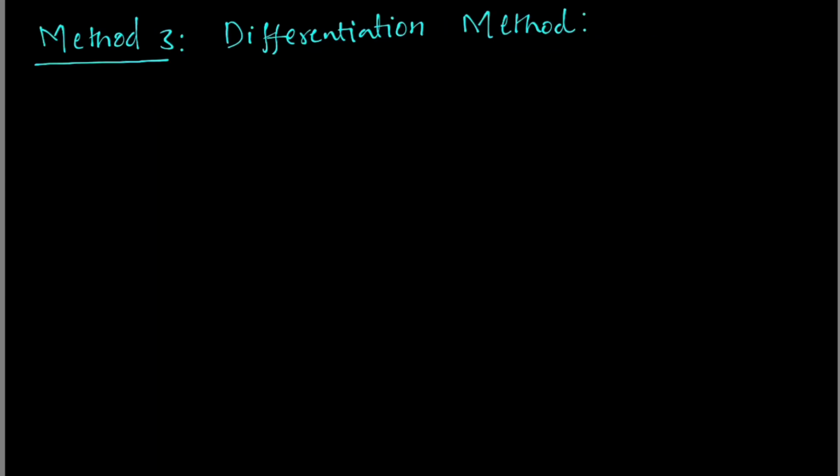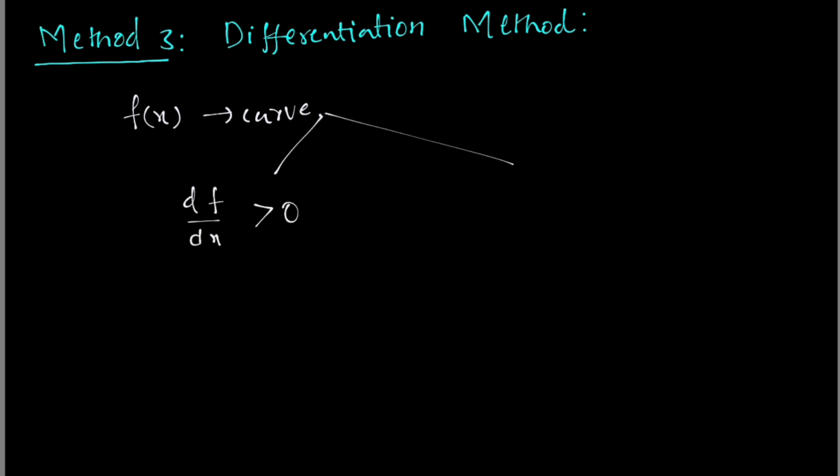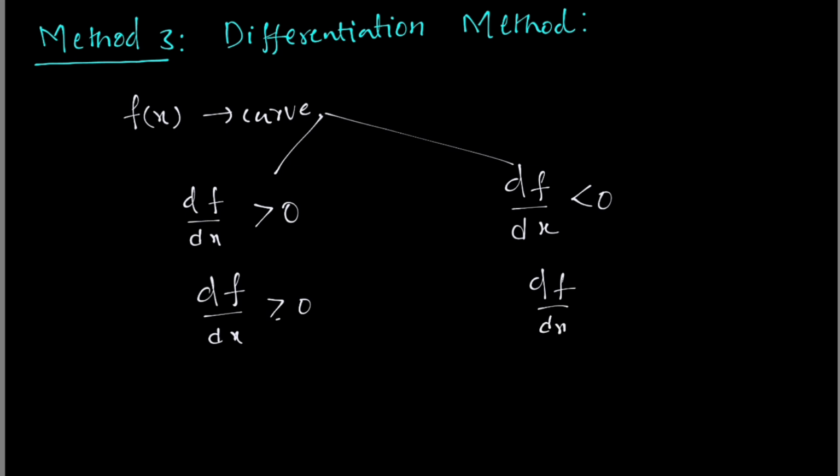The last method of determining whether a function is one-one or many-one is the differentiation method. Within this method, if you have the curve f of x, observe whether df by dx is strictly increasing or strictly decreasing, or monotonically increasing or monotonically decreasing.